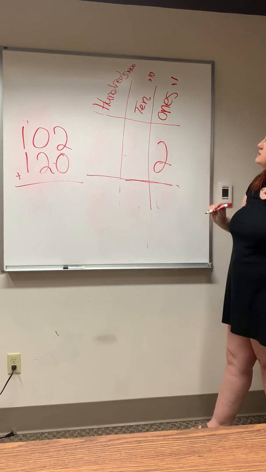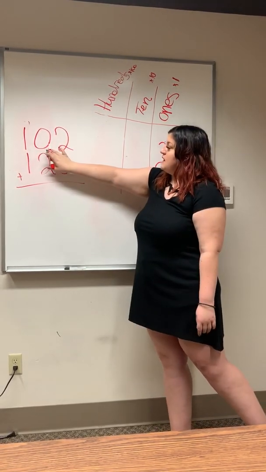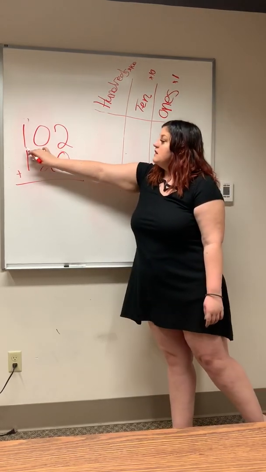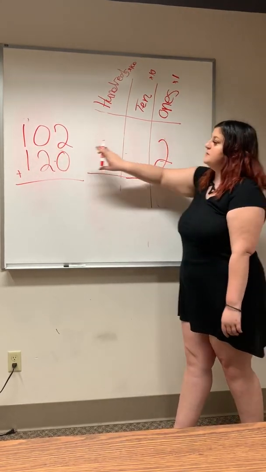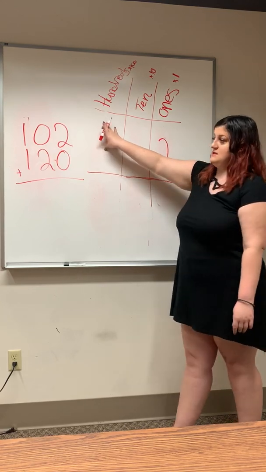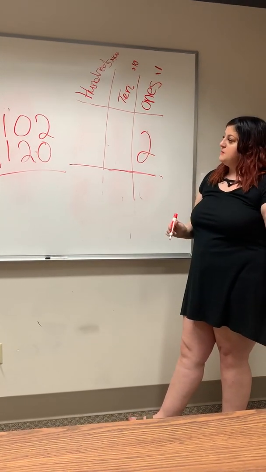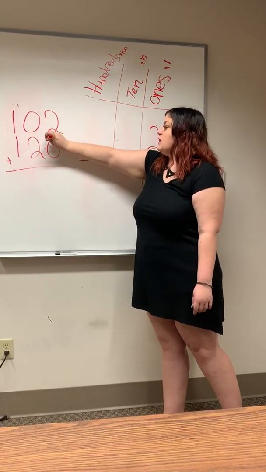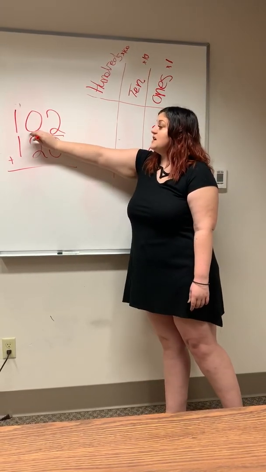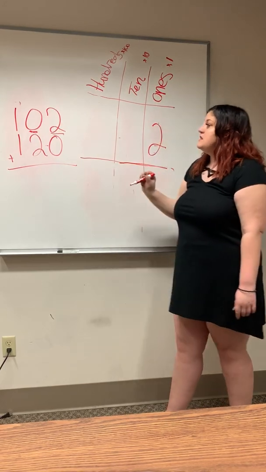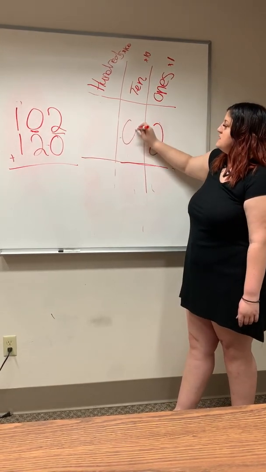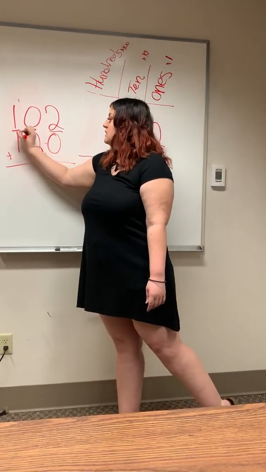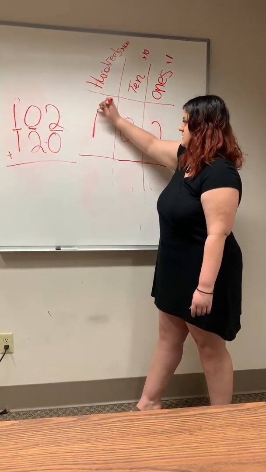So it goes there. But then we have a 0 here, so do we put the 1 over here in the tens, or do we put the 1 again in the hundreds? This can be a little tricky because we know it goes 1, 10, 100. So this will be our ones. This will still be our tens, even though there's a 0, so we can add to the next number, and then we see the 1 will go in the hundreds.